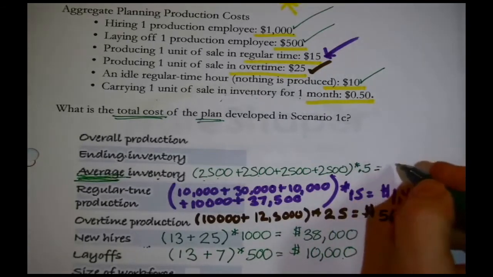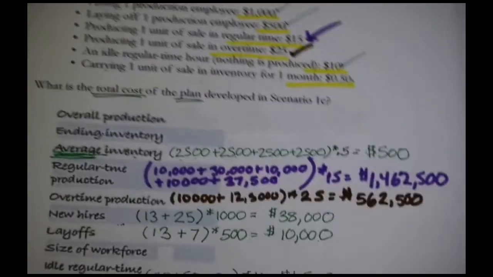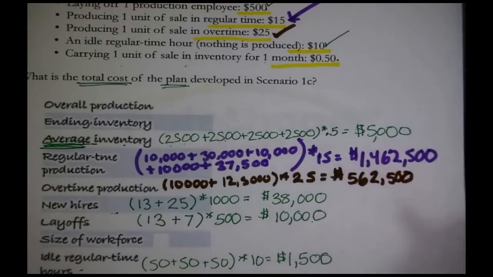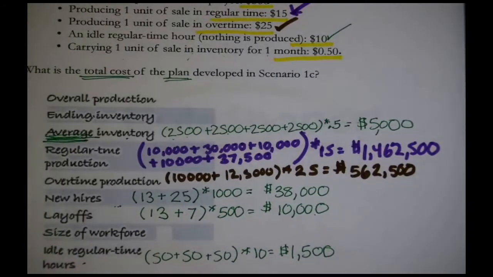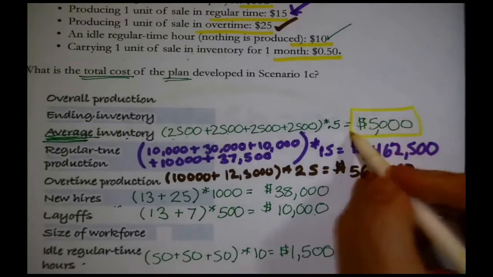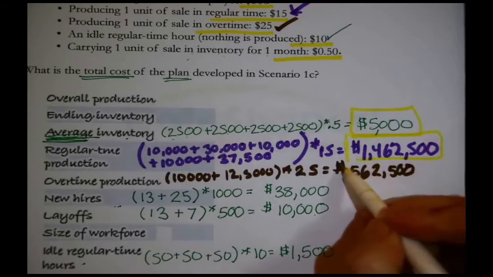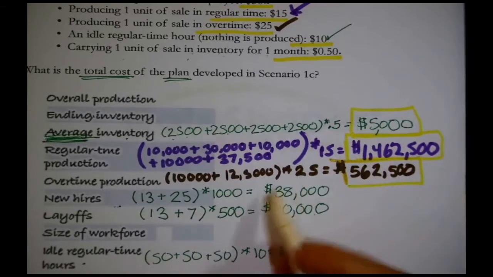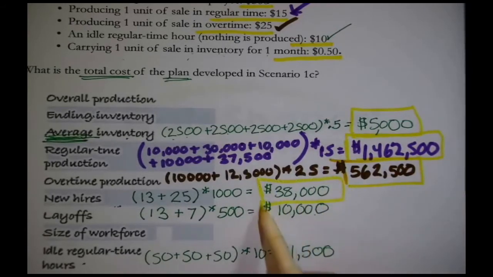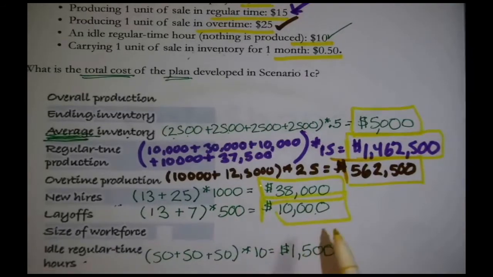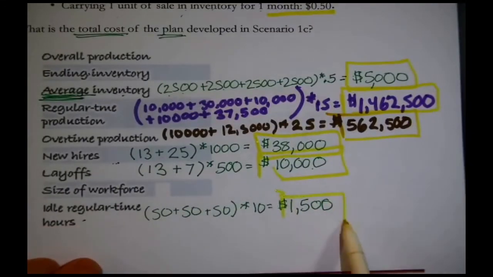So I get $5,000. So I've accounted for inventory costs, regular time costs, overtime costs, hiring costs, layoff costs, idle regular time costs.